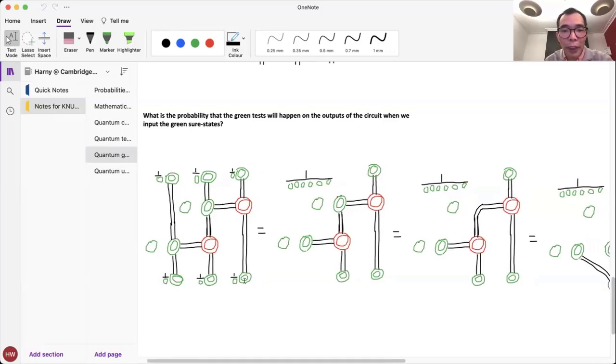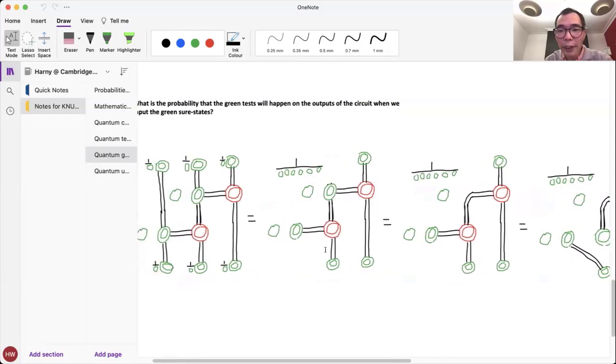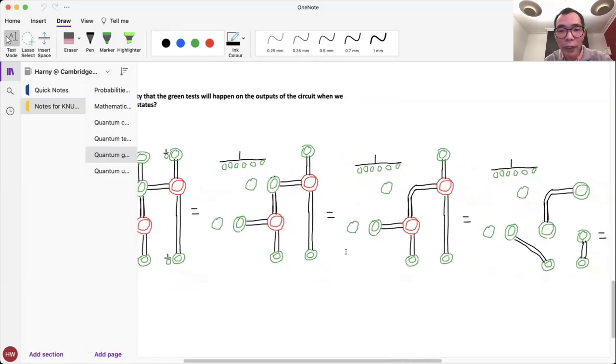Again, for the other part of it, we don't change anything. After the fusion of the green spiders, because this is a green spider with zero phase, one input and one output, as a double wire, we can turn it into a plain wire.